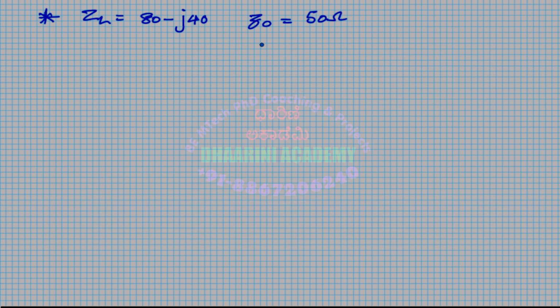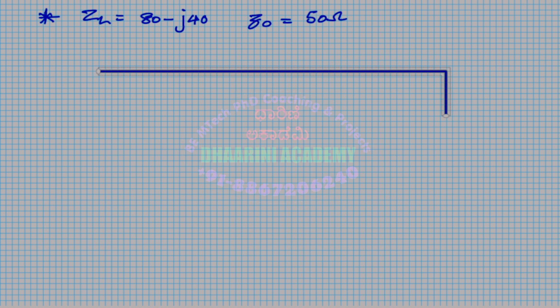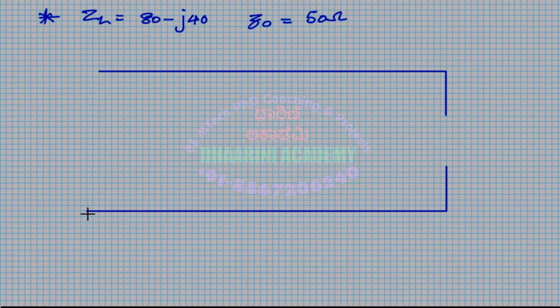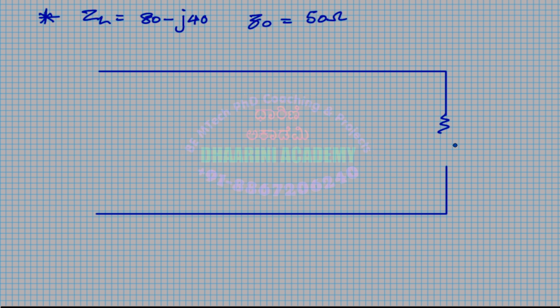matching network. Normally, I'll try to draw a representation diagram for the first problem only. Later on, we will not do this. Okay, so let us assume what are the terminologies we are going to use here, like we did for the single stub case, right? So normally we have the load impedance present.